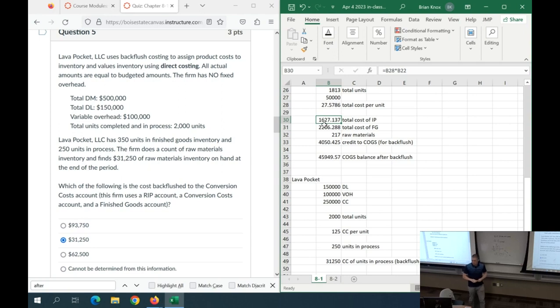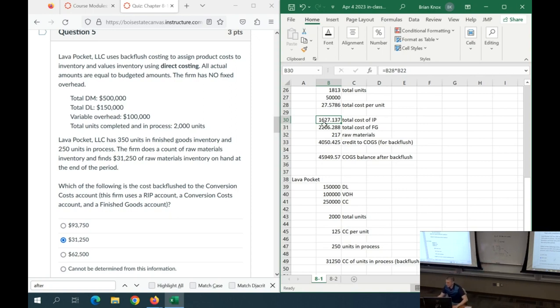Yeah. So the problem that said backflush to the RIP account, we just do the direct materials and the variable overhead, not include the direct materials? We just do the direct material. So let's actually solve that. Now let's look at what if it's asking for this instead, the backflush to RIP.